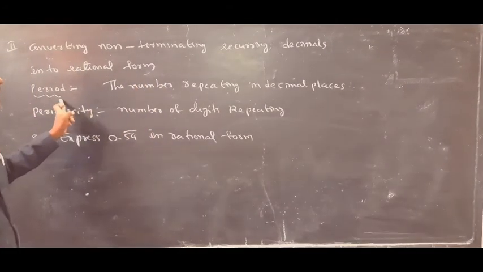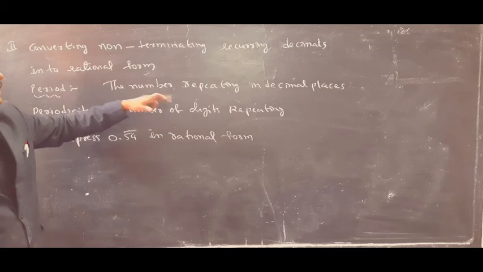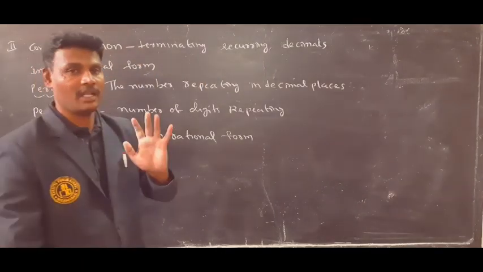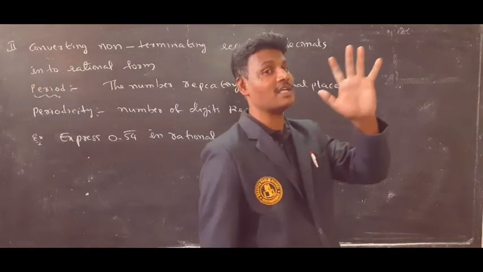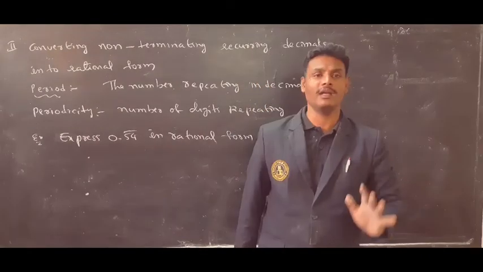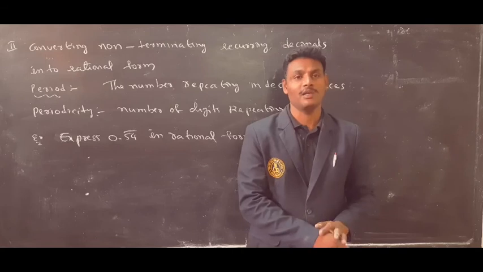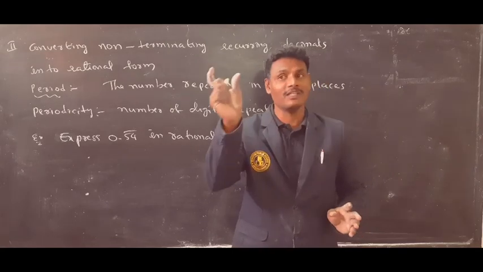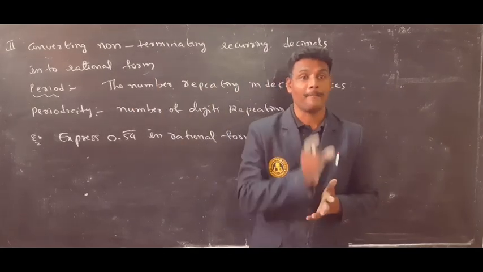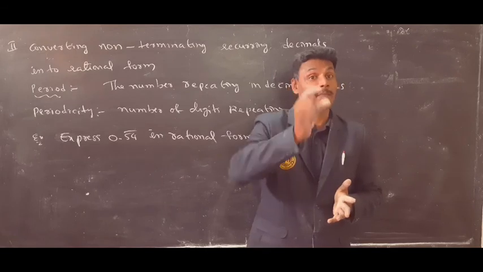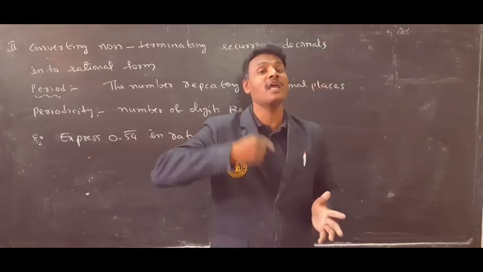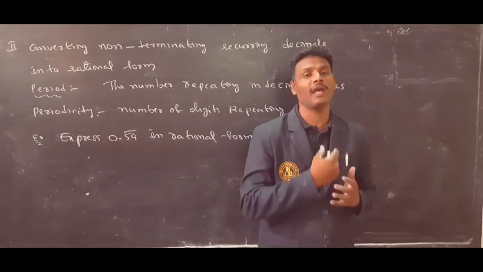What is the period here? The number repeating in the decimal place is called a period. How many numbers are repeating? That is called the periodicity. So the period is the number which is repeating. Periodicity is the number of digits repeating.